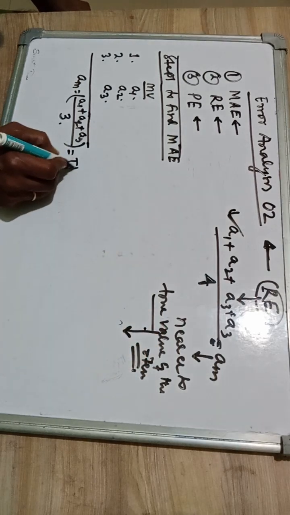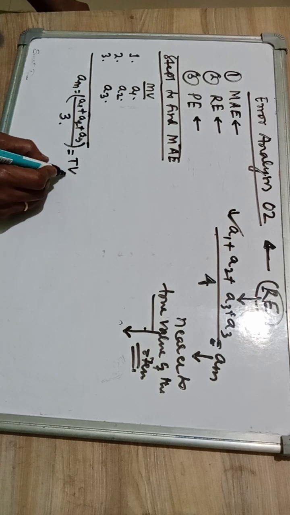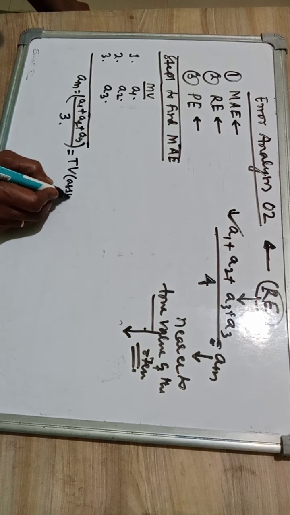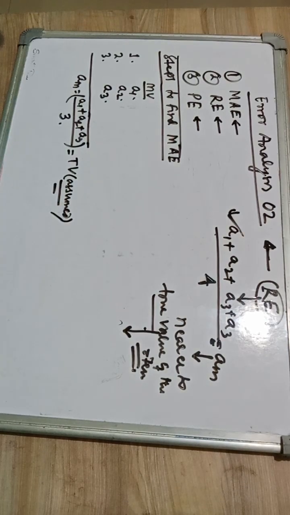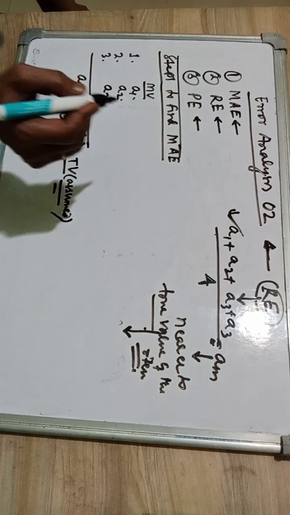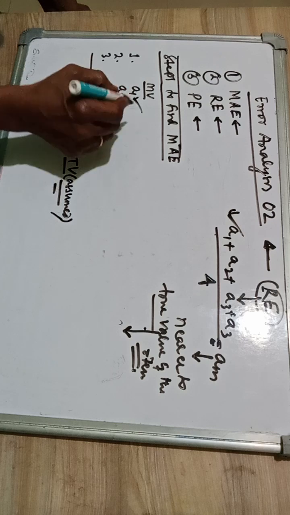This value will be termed the assumed true value. Now, any difference between this assumed true value and a measured value gives the error.